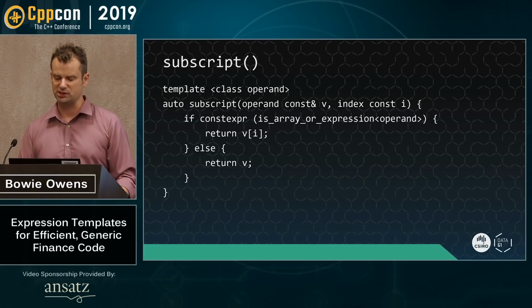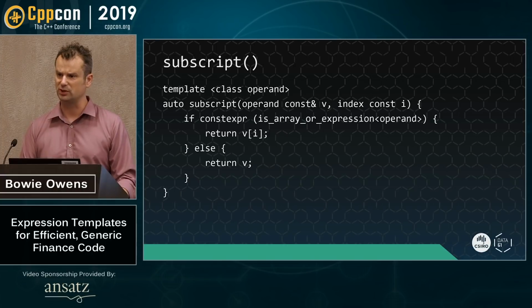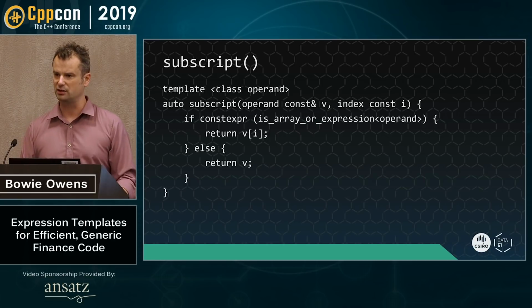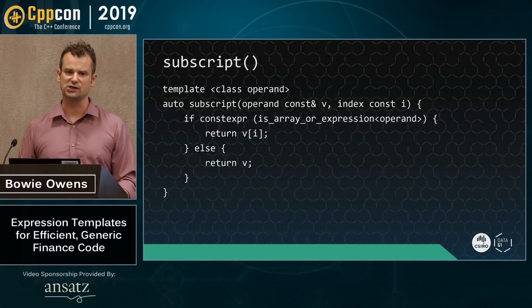And of course, in C++17, we have constexpr if that allows us to introspect on whether the operand is a scalar or a matrix and do the right thing in the respective cases. So when we have access to the indexing operator, we return the ith element, and when we have a scalar, we simply return that scalar.